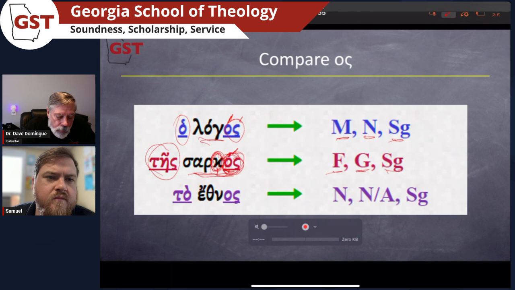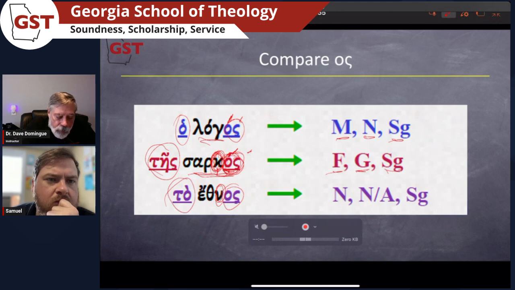Okay. And notice this word here, ta ethnos. Again, an omicron sigma ending. Well, it's not going to be second declension or first declension. This is going to be our third declension because of the nu. It's not a masculine word. It's not a feminine word. It's a neuter word.